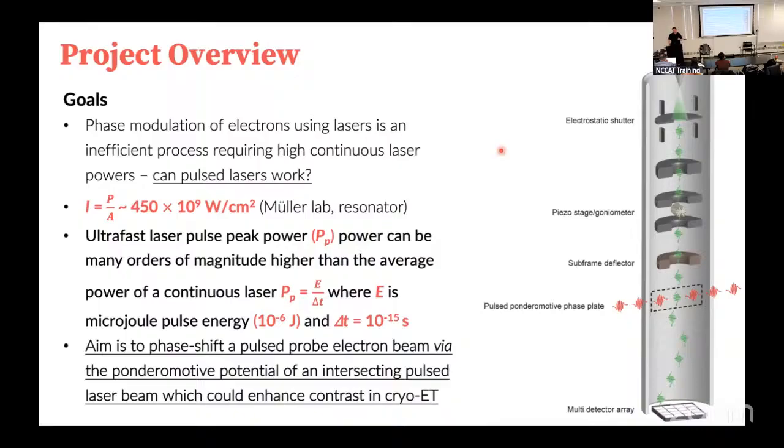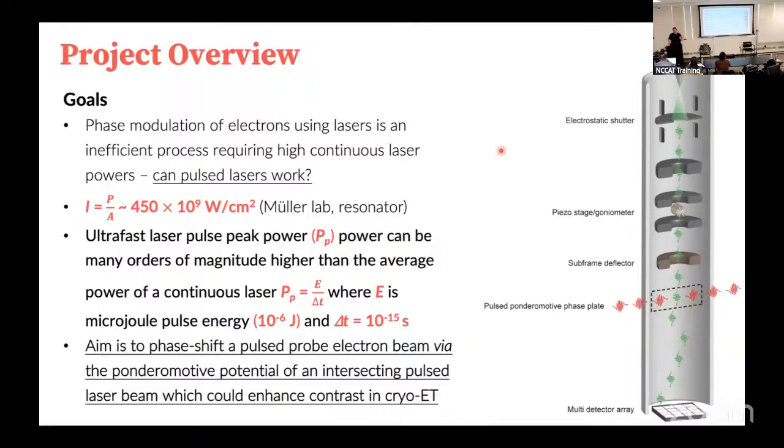Yeah. So in terms of deflecting the electron beam in this way to create a phase shift, what Muller found was that they ramped up to 300 kilovolts. At 80 kilovolts, they were able to use a certain laser power.